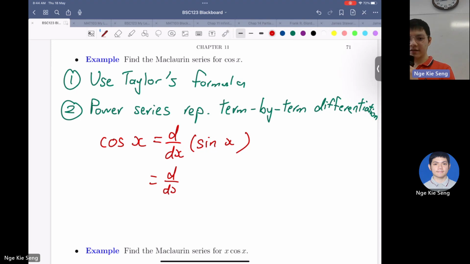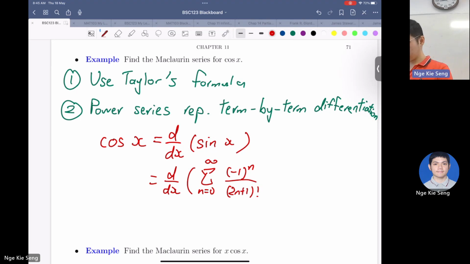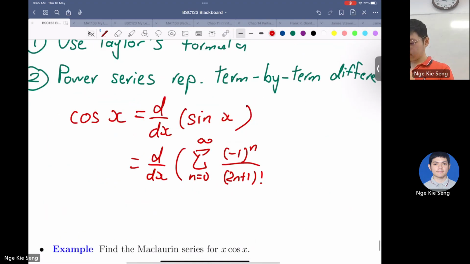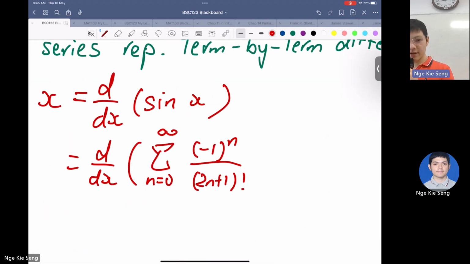We just found it, which is the sum of (minus 1) to the power n times x to the power 2n plus 1 over the odd factorial.